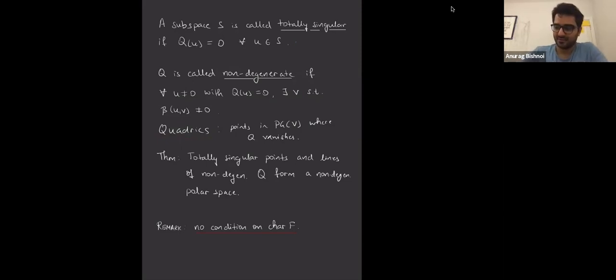Okay, and now here's the nice thing: if you take all of these totally singular points and lines in a quadratic form, then you always get a non-degenerate polar space. It does not matter if your characteristic is even or odd or 0. You always get a non-degenerate polar space.